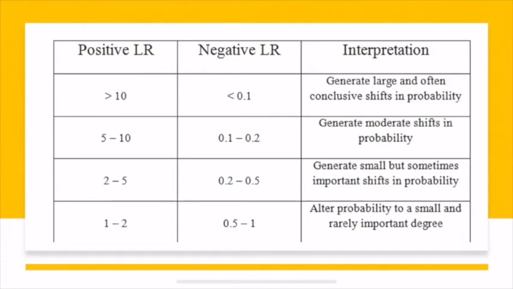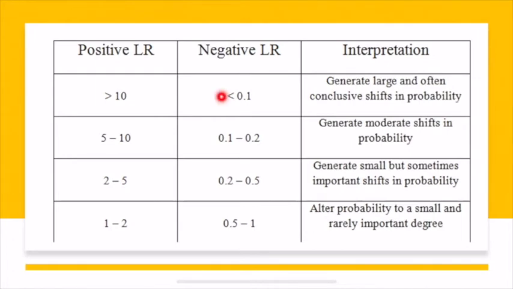So when you have a high positive likelihood ratio, it means that your chance of having that disease, given a particular test with a high likelihood ratio, is much higher, right? So if I have a moderate probability of somebody having the disease and they have a test performed that has a high positive likelihood ratio, if it's positive, we can be very confident they have the disease, right?